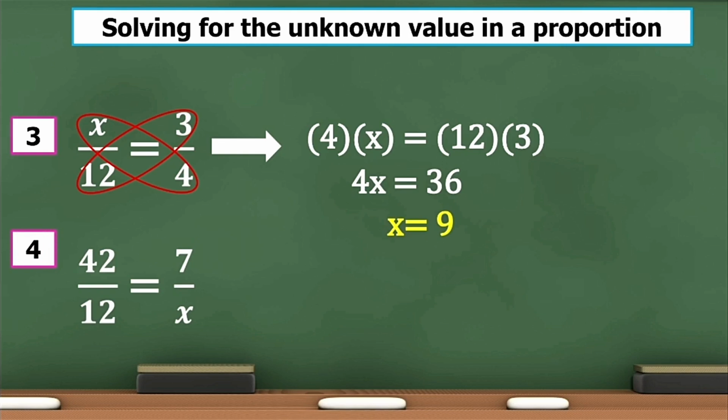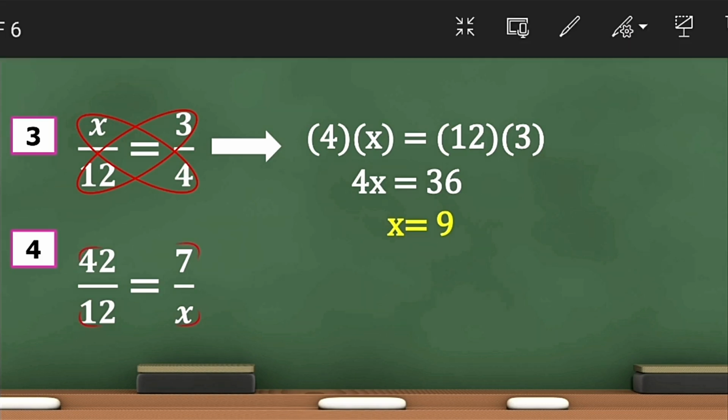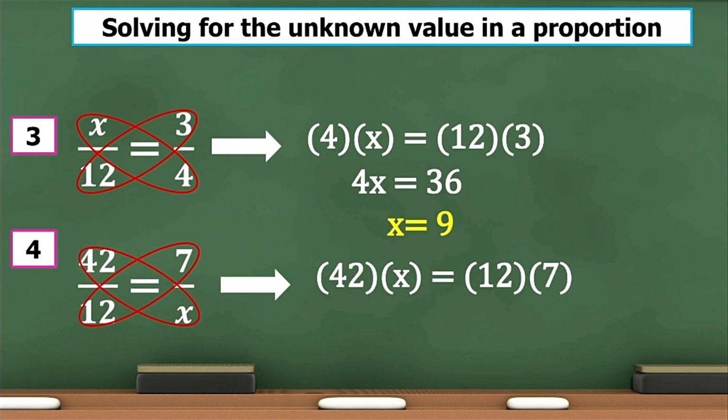Ito, halos kaparehas lang ng example number 3. Ang pagkakaiba lang, yung variable natin ay nasa denominator. Ibig sabihin, madali lang din natin itong maisosolve using cross product property. So, 42 times x is 42x.